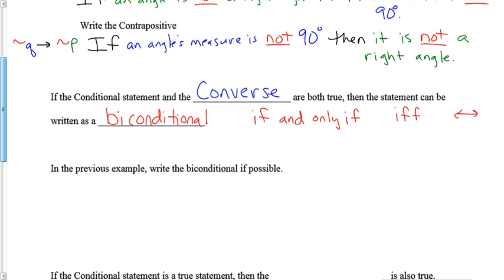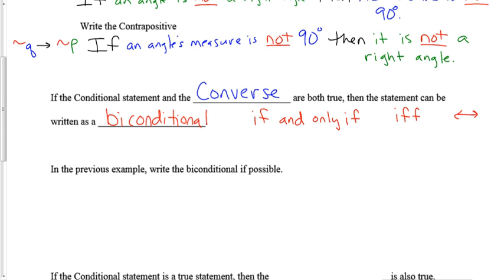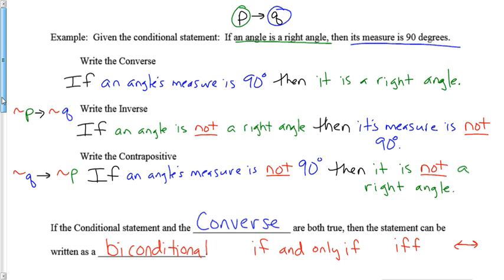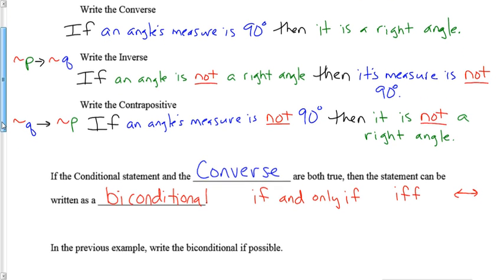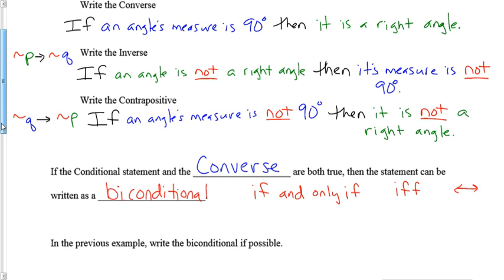So we're going to write the biconditional for the previous problem. The converse was, if an angle's measure is 90 degrees, then it is a right angle. So first of all, is that a true statement? Well, yeah, that's the definition of a right angle. So let's start with the initial conditional, which was given in the example. If an angle is a right angle, then its measure is 90 degrees. That's also the definition. So I can write this as a biconditional.